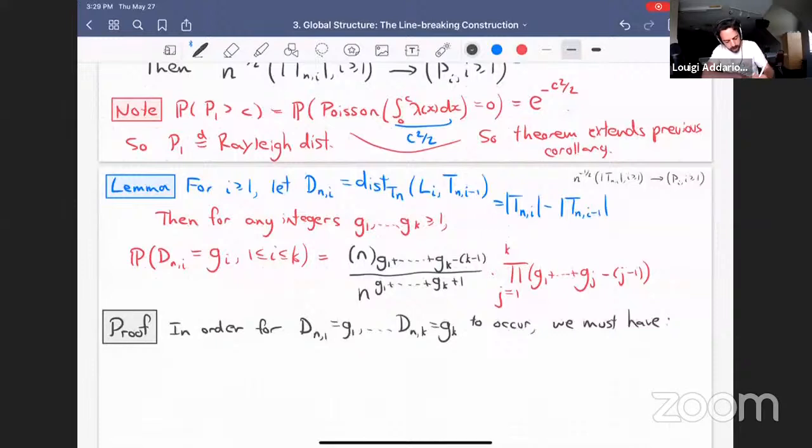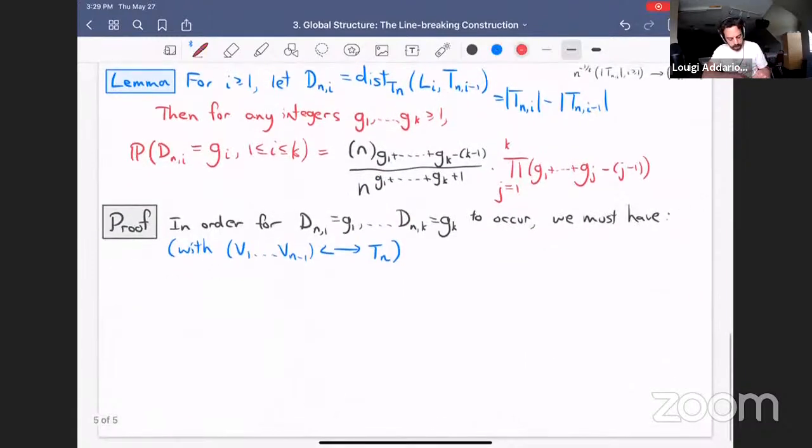Maybe I should say, I'm using here the bijection, with v1 up to vn minus 1 being the sequence corresponding to tn under our bijection.